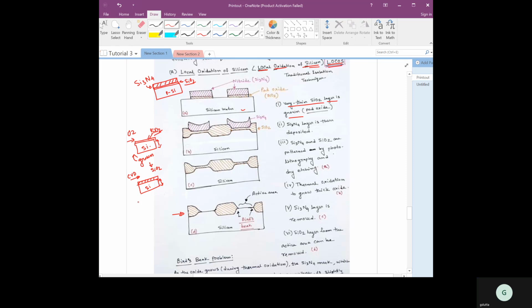So this is deposition. I was using the terms grown or growth and deposition, so I hope it is now clear how growth and deposition differ. So now the silicon nitride has been deposited.